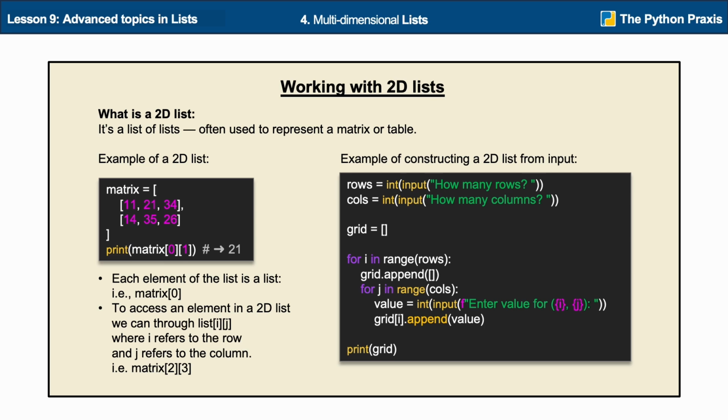Int function converts the typed string to an integer and stores it in variable value. Line 8 appends that integer to the current row list grid[i]. After the inner loop finishes for a given i, that row will contain exactly cols integers. After both loops complete, the last line prints the full two-dimensional list.